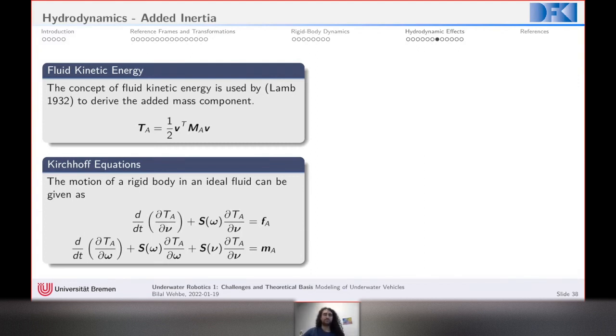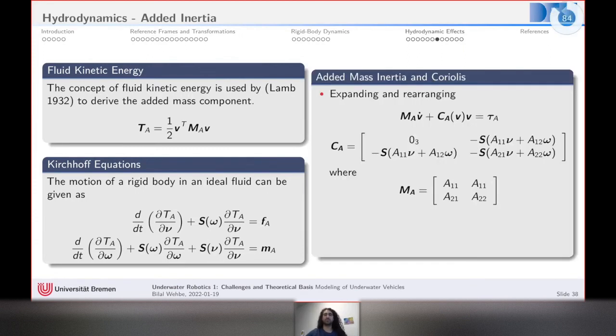Okay, so again, moving on from these Kirchhoff equations. If we just rearrange those, expand them first, calculate the time derivatives of this kinetic energy, and then rearrange them, we arrive at a term very similar to the rigid body equations.